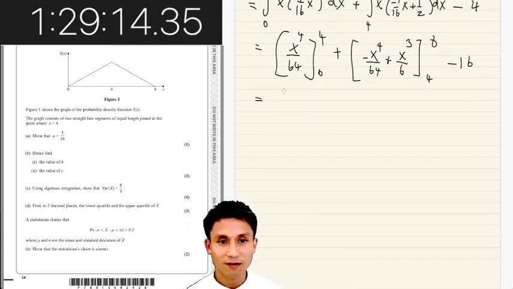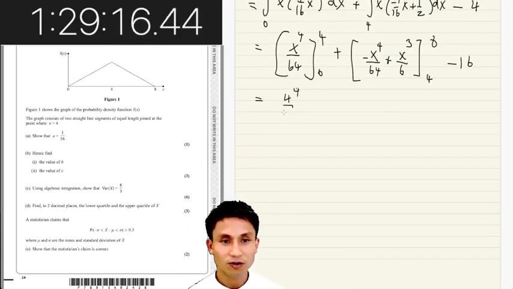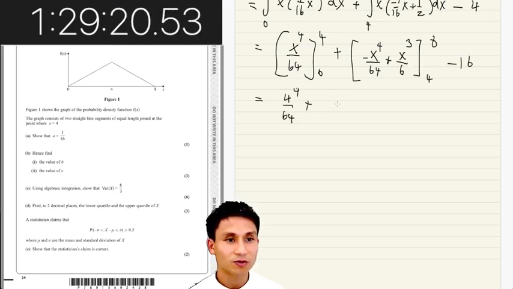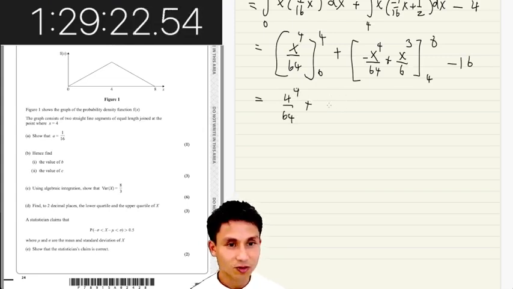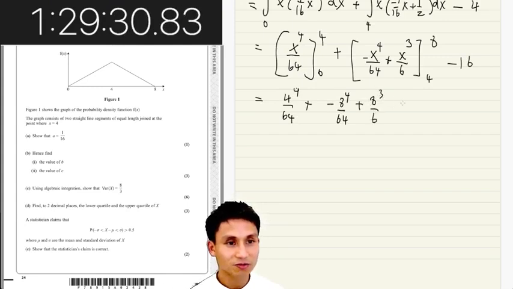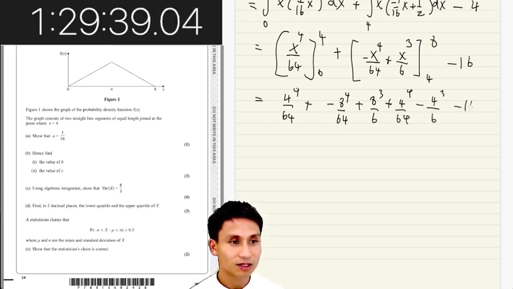So this will be 4 to the 4 over 64, and 0 goes away. So I'm doing minus 8 to the 4 over 64 plus 8 cubed over 6. Minus minus becomes a plus. And then minus 4 cubed over 6, minus 16.